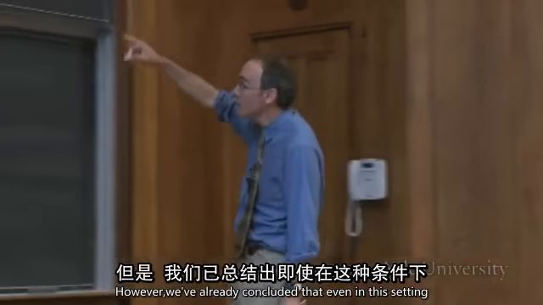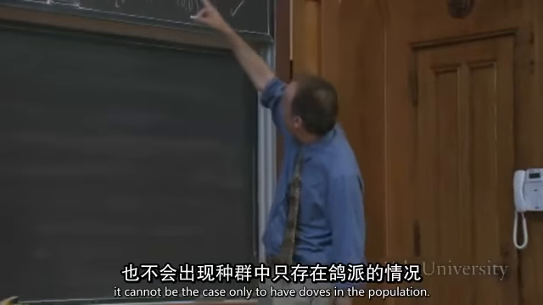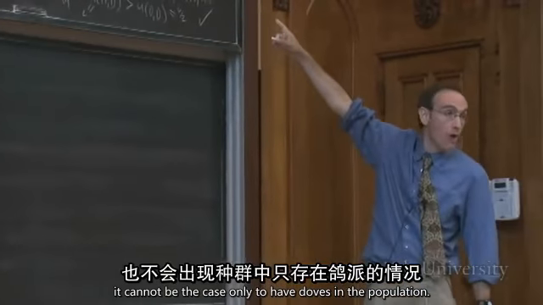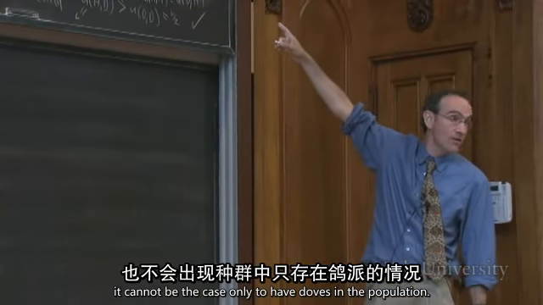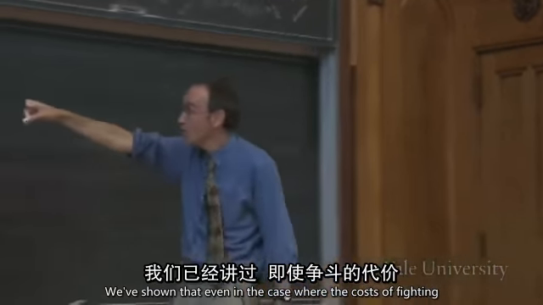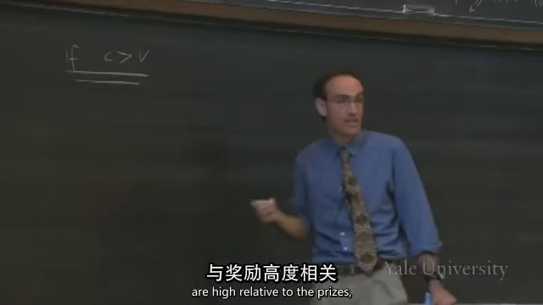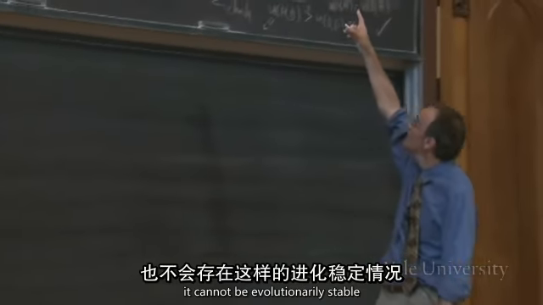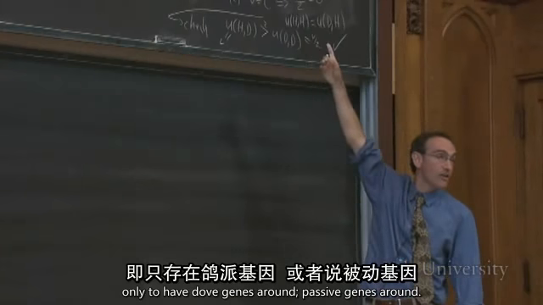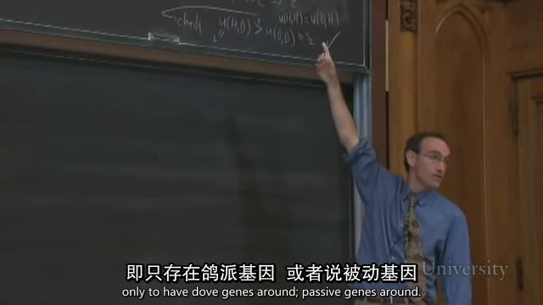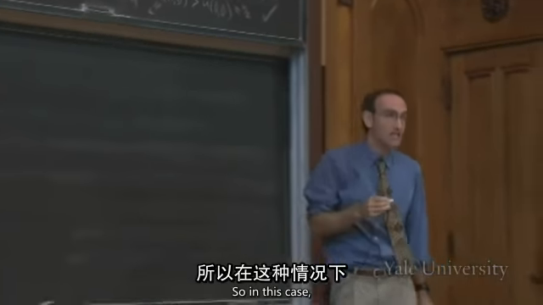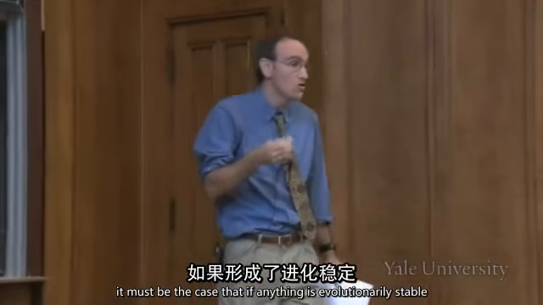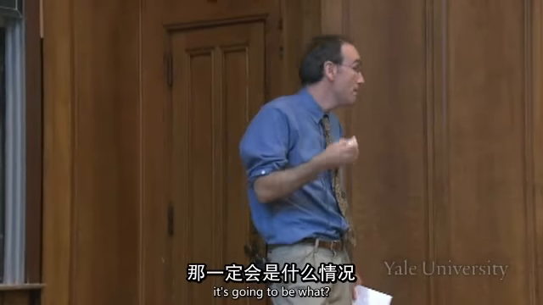However, we've already concluded that even in this setting, it cannot be the case only to have doves in the population. We've shown that even in the case where the costs of fighting are high relative to the prizes, it cannot be evolutionarily stable only to have dove genes around, passive genes around. So in this case, if anything is evolutionarily stable, it's going to be what? It's going to be a mix.